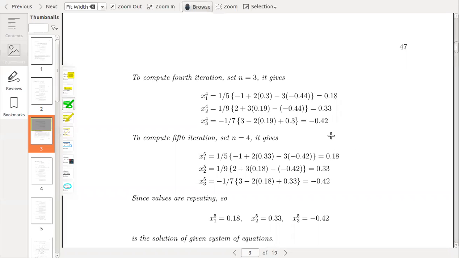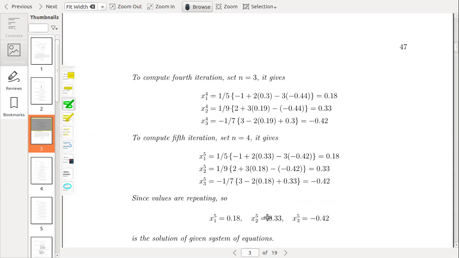So there is a 0 error or very minimum error. In a similar way 0.33 is the same value. So when you get repeated values, you can stop the algorithm. That's why we can declare that this is actually the answer.